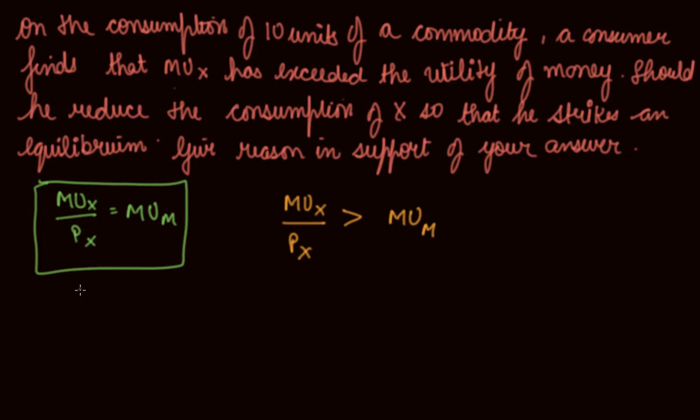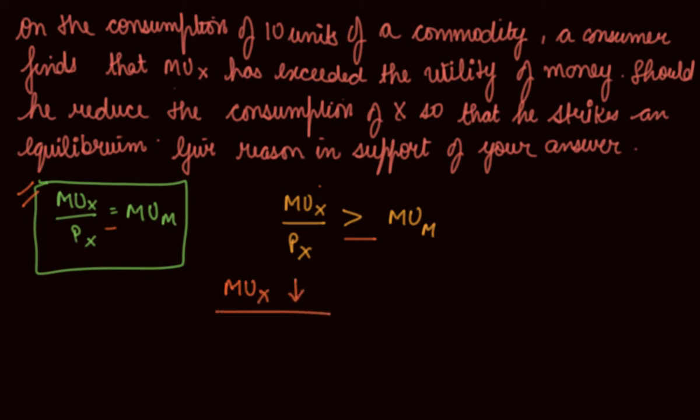This is greater. In order to reduce it, a consumer should reduce the MUX. See, if your numerator is greater, and you want to reduce it, this is greater than, this is equal to, this is the equilibrium level, so you have to reduce your numerator. So your MUX you have to decrease.